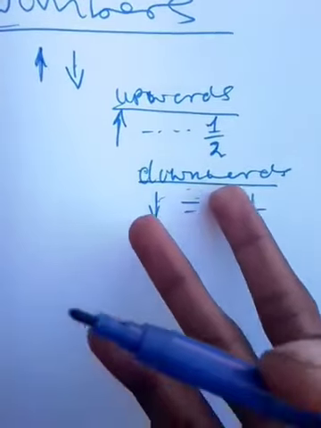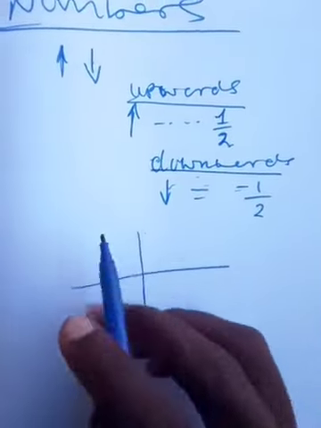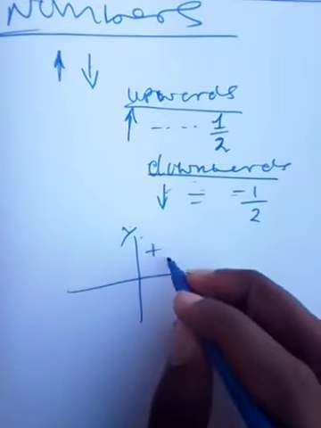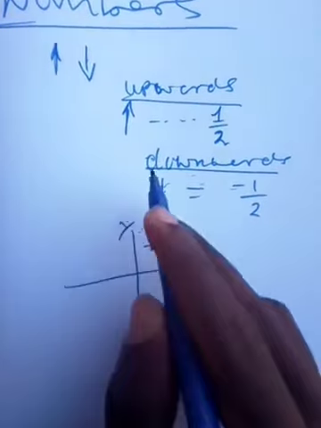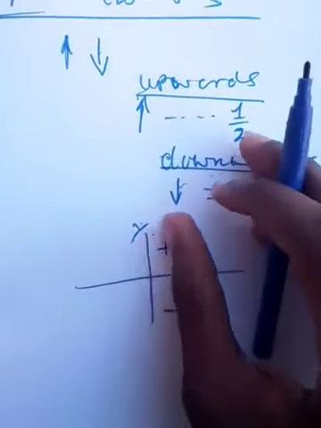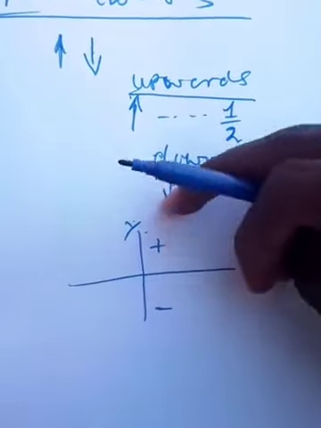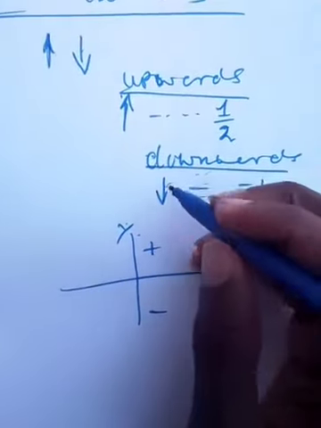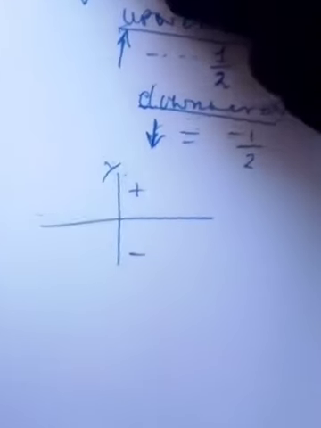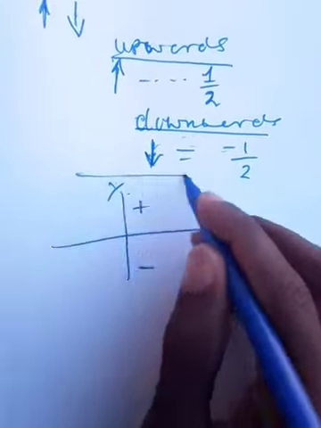Now, where are the negatives coming from? Have you seen the XY plane? On the Y side, this side you have the positive part, and this side you have the negative part. The upward side has the positive numbers, and where it's pointing downwards, we have the negative numbers. In case you're struggling to remember, I'm sure you all can remember this, because you've been learning this since day one.